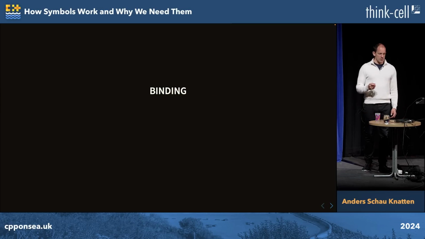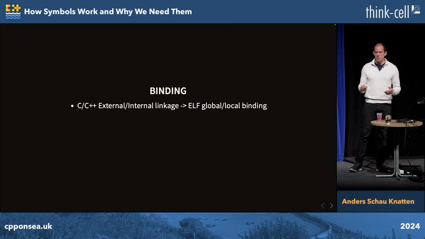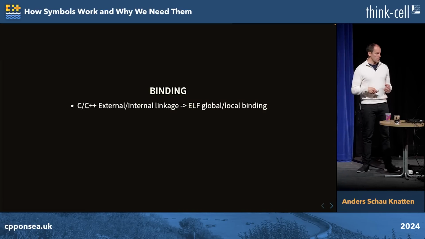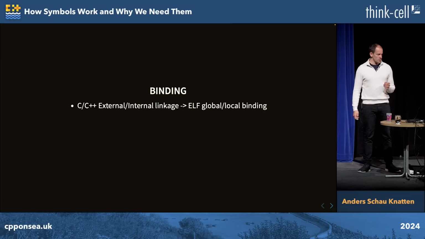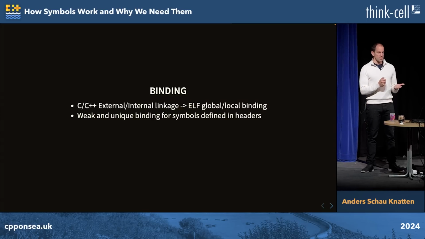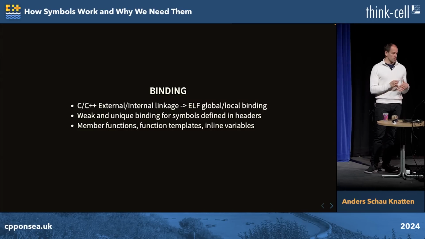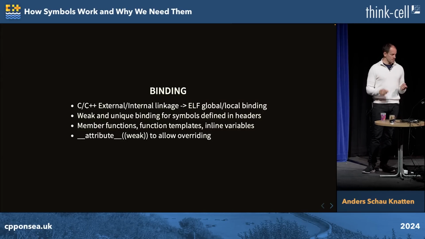So in summary, for binding, in C and C++, we have external and internal linkage for the stuff in our translation units, implemented with global and local binding on ELF. Then we have weak and unique binding for symbols that are defined in headers, such as member functions, function templates, inline variables.